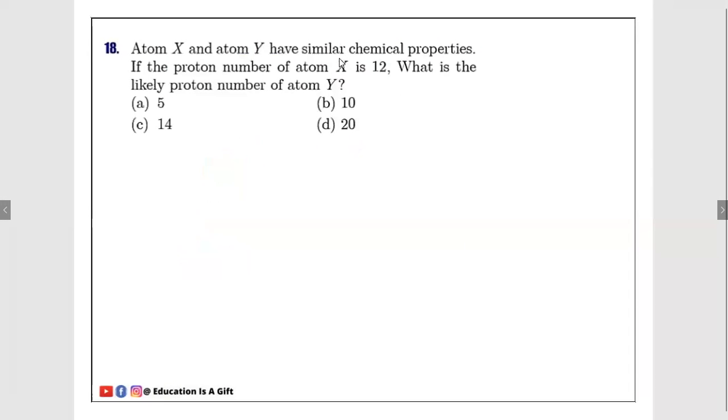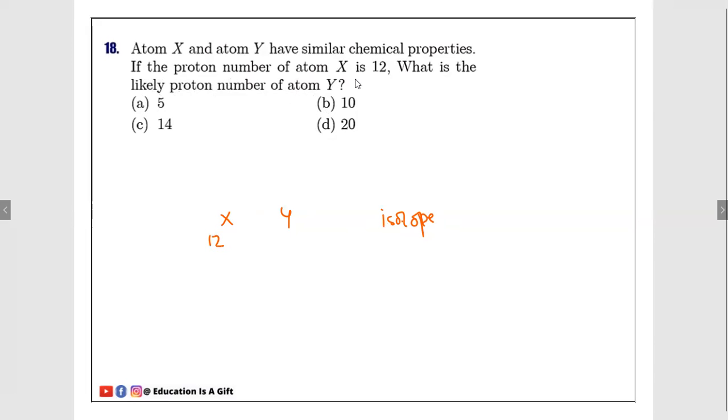18th question, atom X and atom Y have similar chemical properties. Whenever you hear the words similar chemical properties, you can say it is isotope. If proton number of X is 12, what is likely proton number of Y? If it is isotope, same atomic numbers will be there, isn't it?